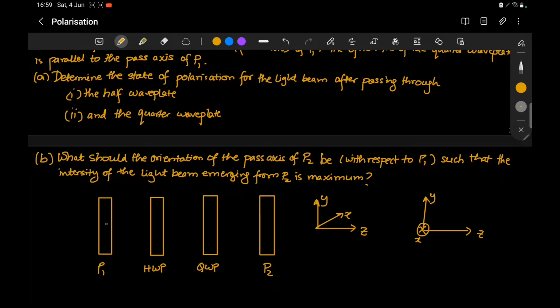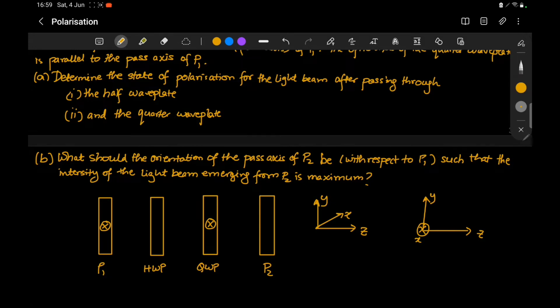So let us say polarization of P1 is along the X axis. Then we are given that the transmission axis of P1 is, let's say, along the X axis. Then we are also given that for quarter wave plate the fast axis will be along the same direction as the transmission axis of P1.